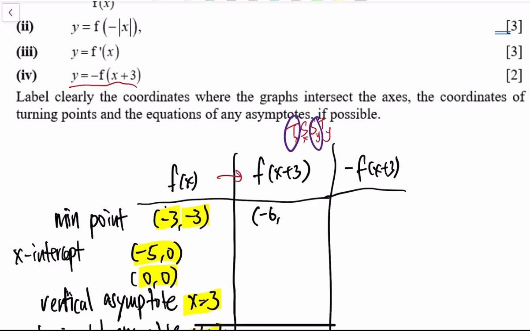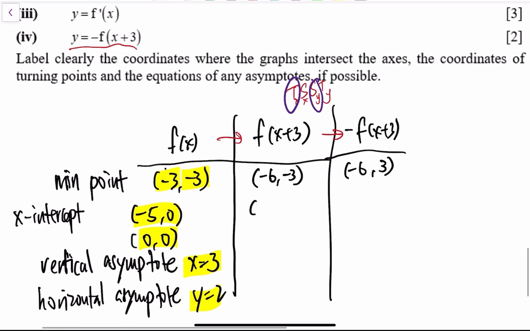So this would be negative 6, negative 3. And if I move on to the next step, whereby I have negative f(x plus 3), it comes to y, the scaling. So the negative would affect my y value. Likewise, for the x-intercept, this will become negative 8, 0. Since the negative does not affect the x, and since the y value is 0, the negative doesn't affect it, so it will stay the same. 0, 0 will then be moved as well.